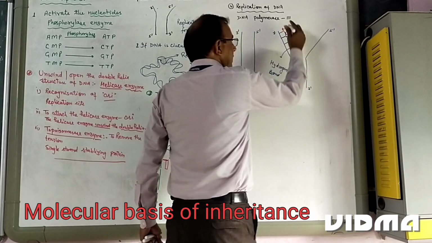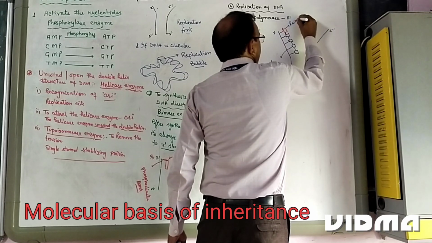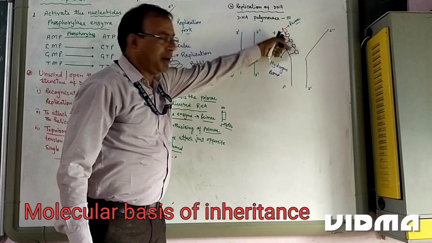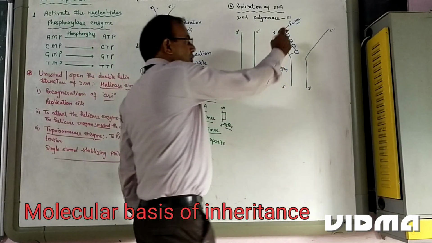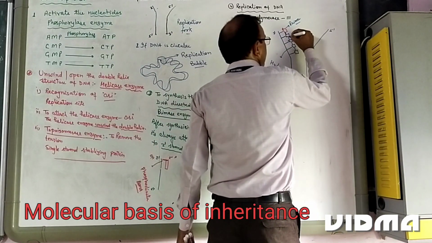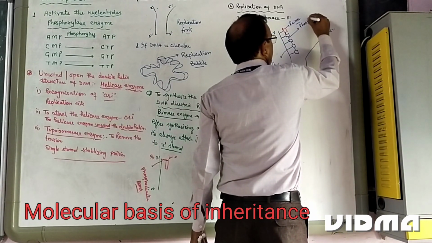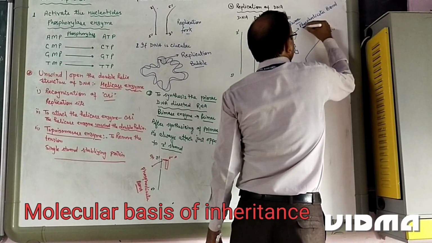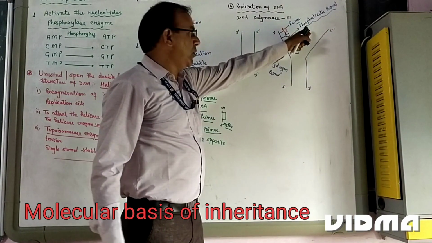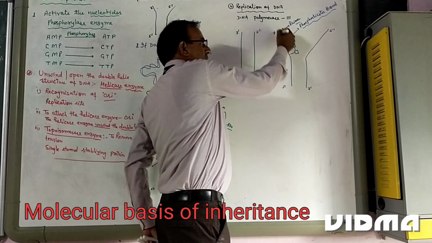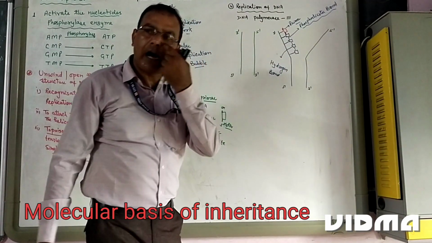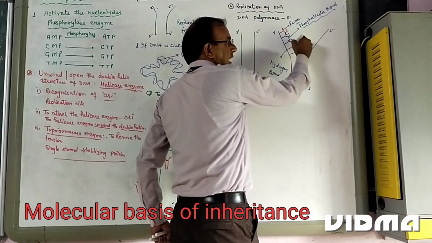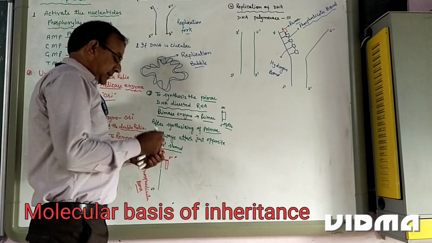These are the nucleotides. This one is the primer. As the primer is attached just opposite to the 3 prime, the nucleotide process will be formed. These nucleotides are attached to each other with the help of the phosphodiester bond. The bond which is formed between the nucleotides is called the phosphodiester bond, and the bond between the nucleotide and the 3 prime to 5 prime strand is called the hydrogen bond. The same will occur, meaning the synthesis of a copy of DNA can take place.